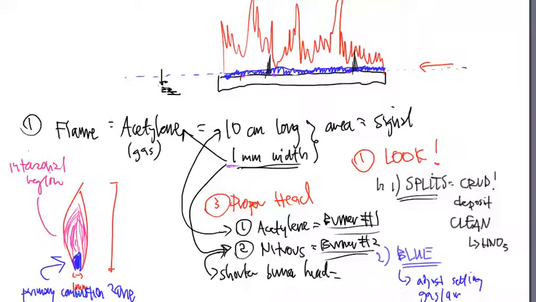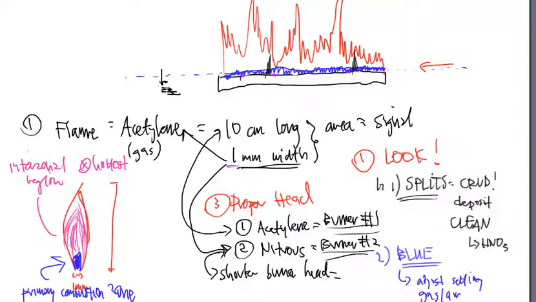That interzonal region is an area of the flame that takes up a lot of space, but it is not the hottest part. So I'm going to put not the hottest. That's given to the blue down here at the bottom.